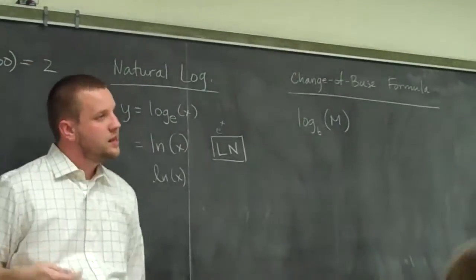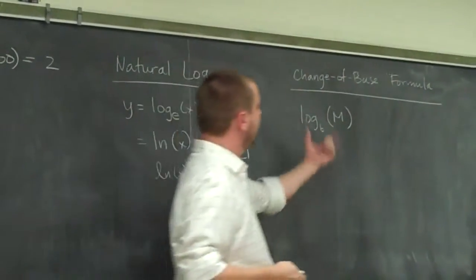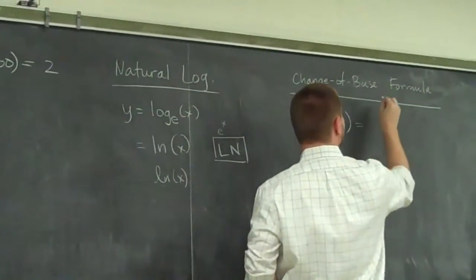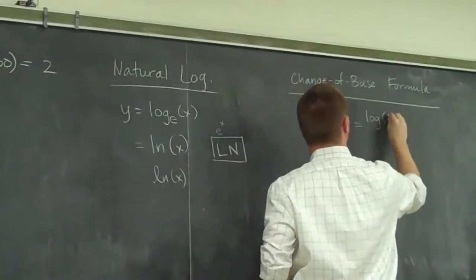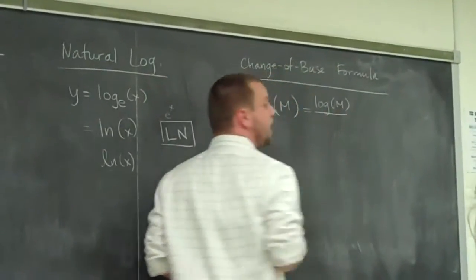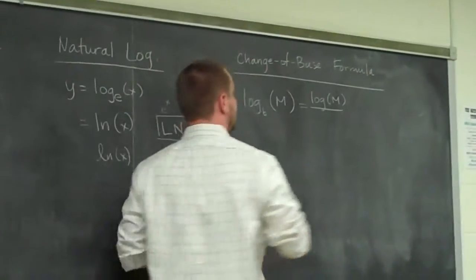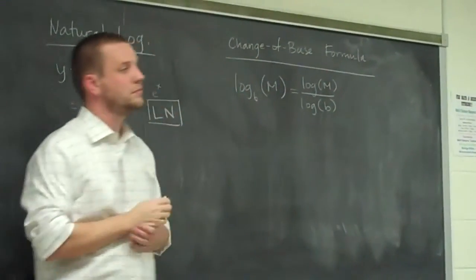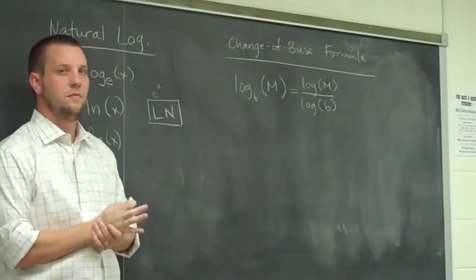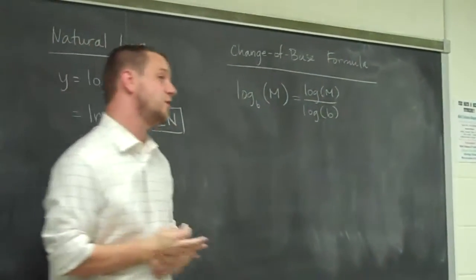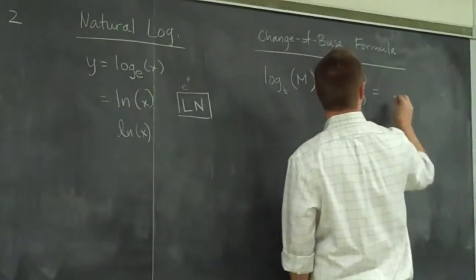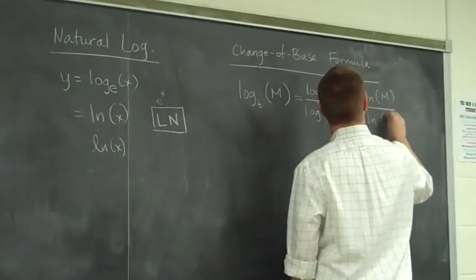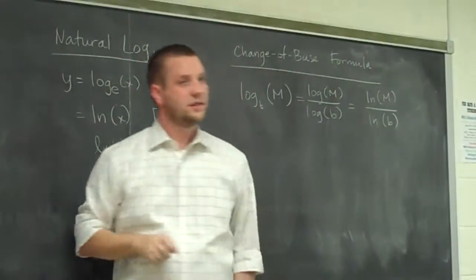It turns out that this logarithm here, and I'm going to show you why, is equivalent to the common log of N, the number that I'm trying to take the log of, divided by the common log of your base. Which is also equivalent to the natural log of whatever that number is, divided by the natural log of your base.